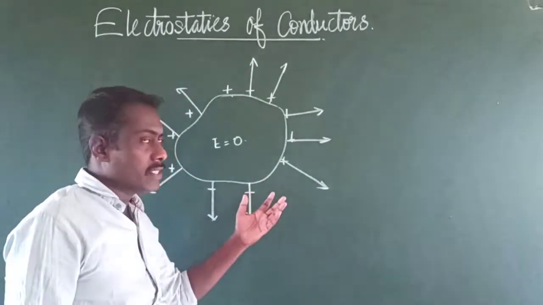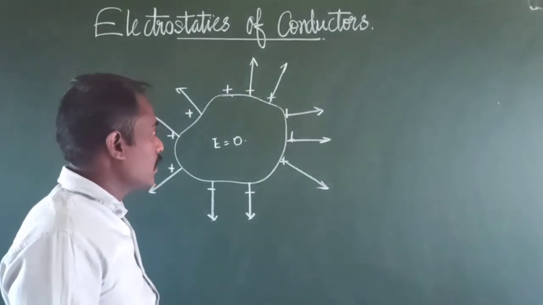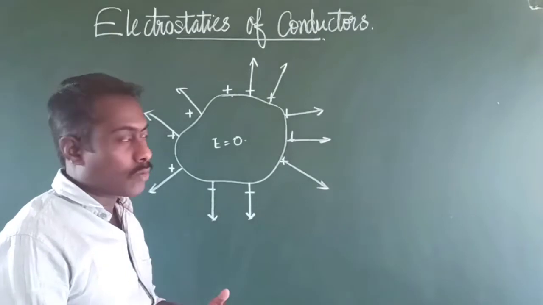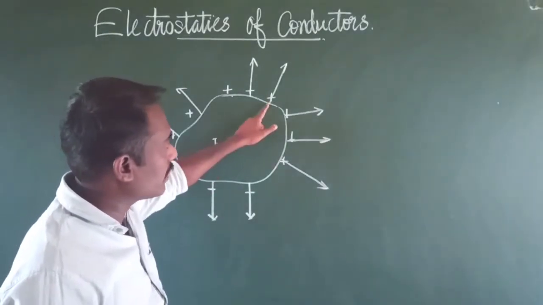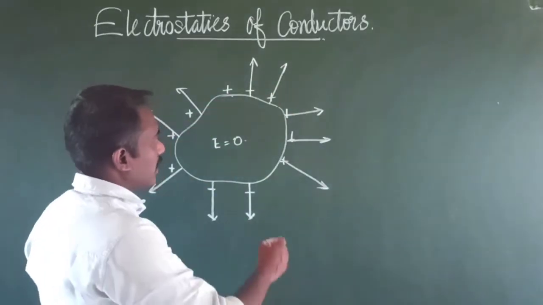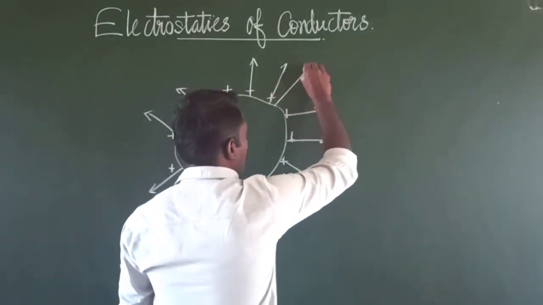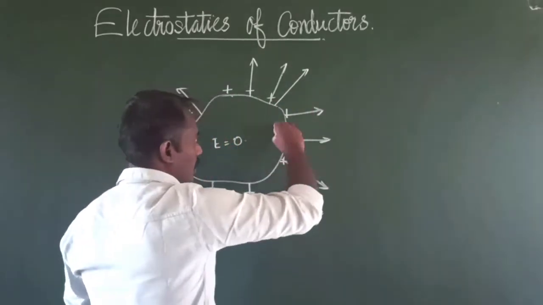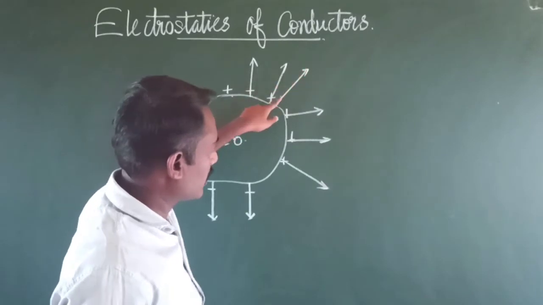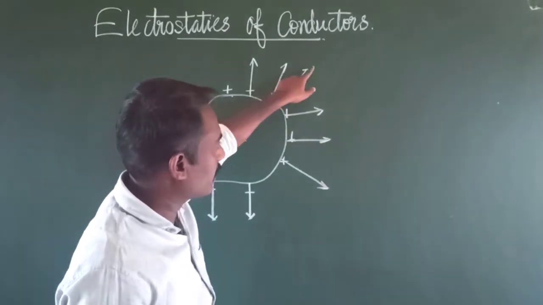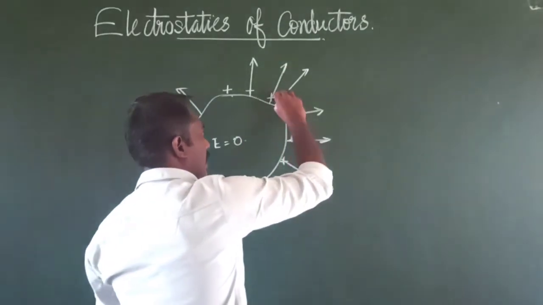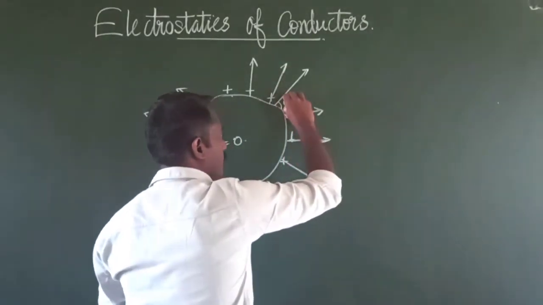Why do we consider only the perpendicular component of the electric field at the surface of the conductor? Suppose the electric field makes an angle theta with the surface.